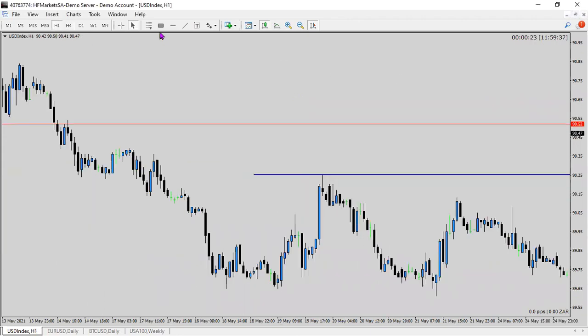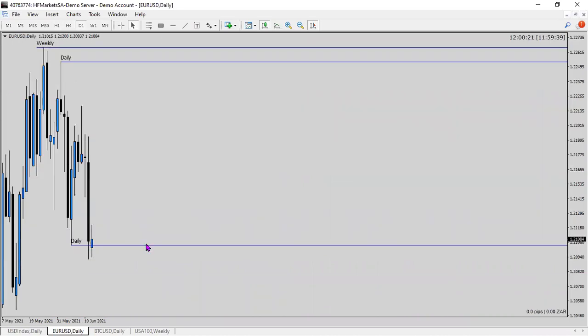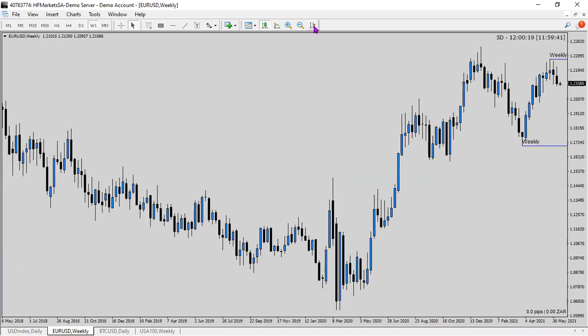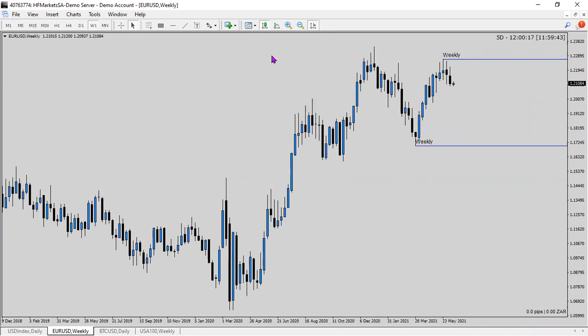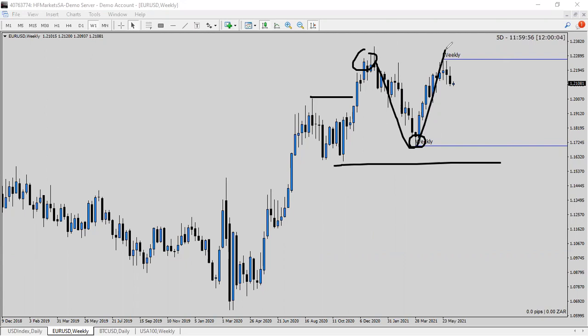Let's move over to the Euro USD, and let's talk about the weekly chart as well. As we know, we're bullish on dollar index, so we should be looking for downside on Euro USD. So coming on here, we can see this was the last lower high that broke to the downside in here. We could consider this entire area the higher high, sorry, because we've had this range break to the upside, forming this higher high, and we've got this market coming back, forming a higher low, which has now done what?